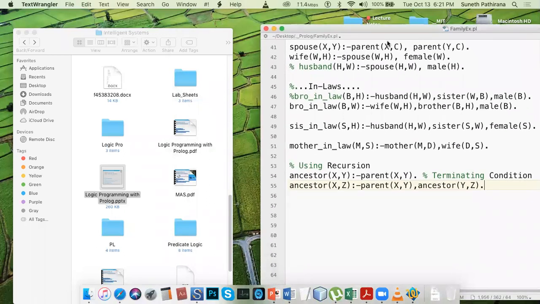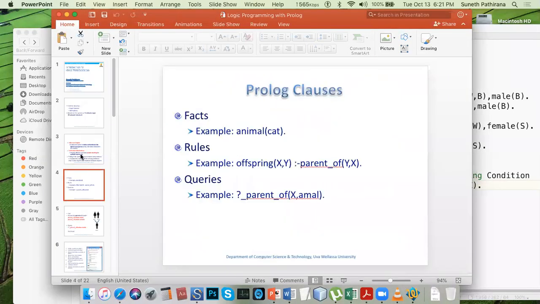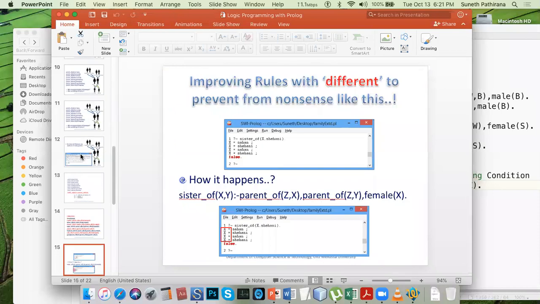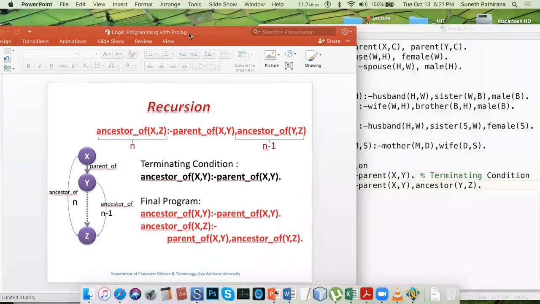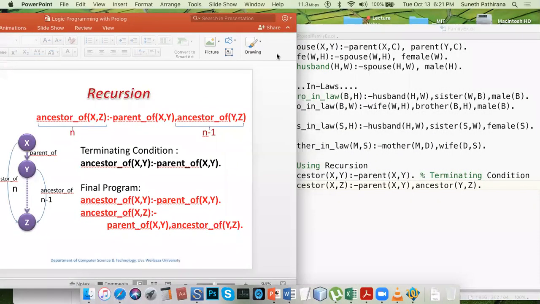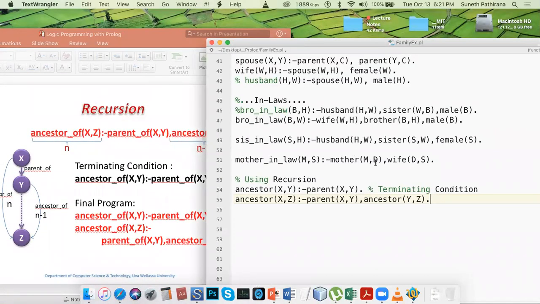Remember, X is the grandparent, Y is the intermediate parent, and Z is the grandchild. It's a bit complicated.